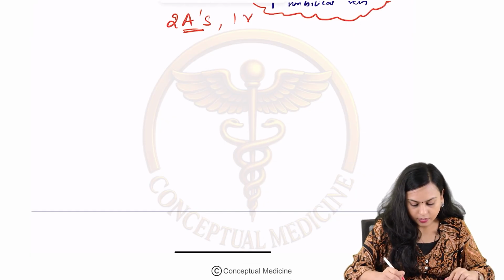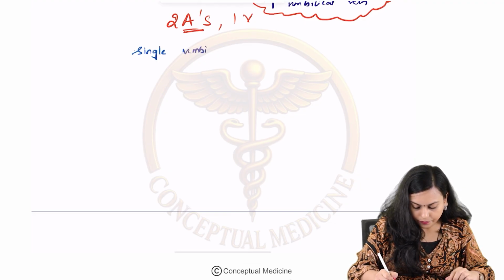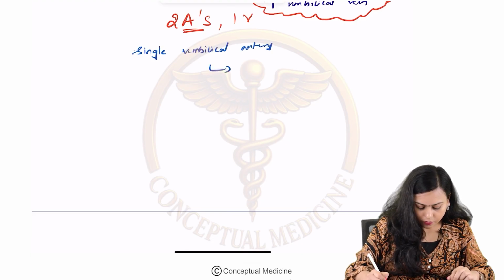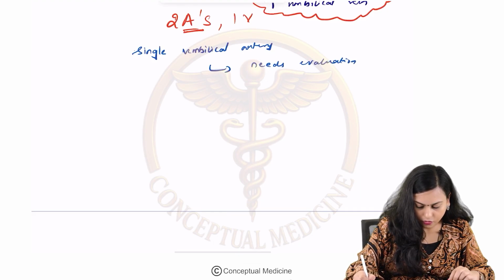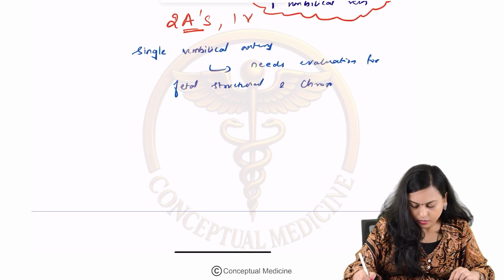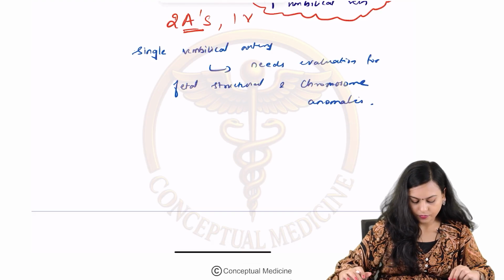Clear? Yes. Now, suppose there is an anomaly in the umbilical cord, you have to check for a single umbilical artery, which needs evaluation for fetal structural and chromosome anomalies.